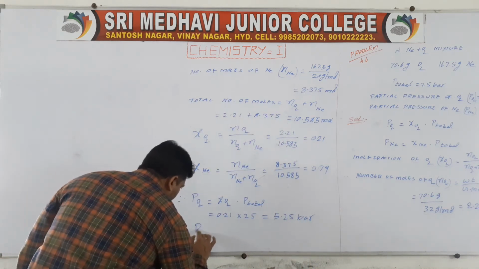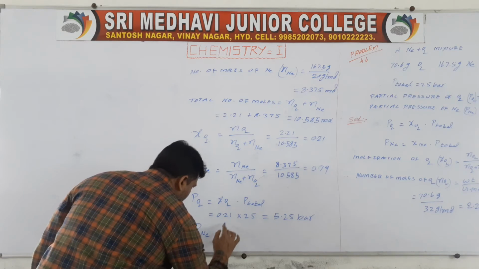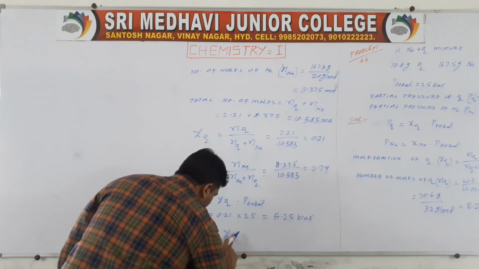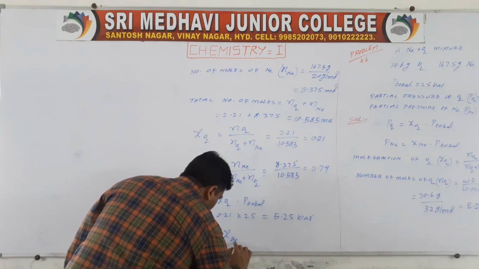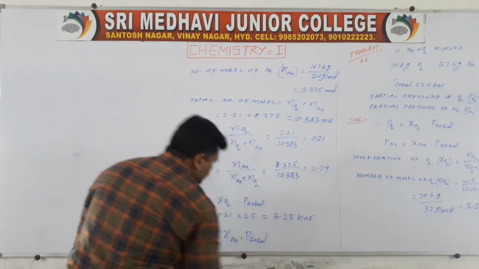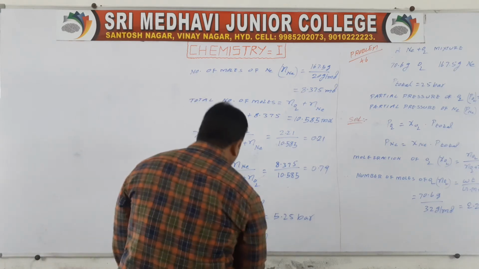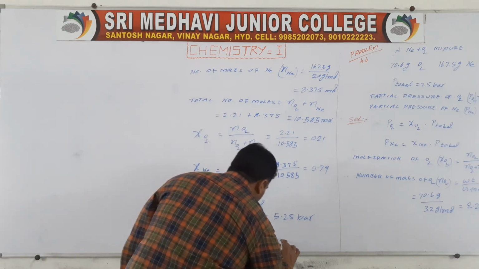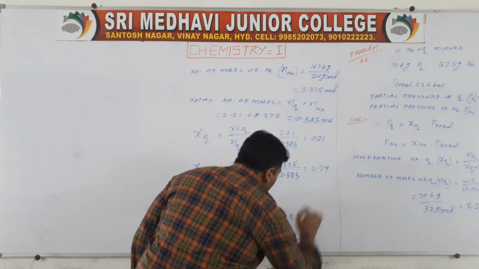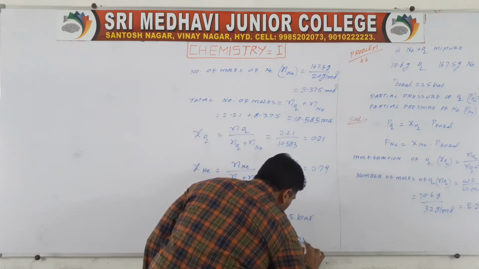Therefore PNe equals XNe into P total, which is 0.79 into 25.